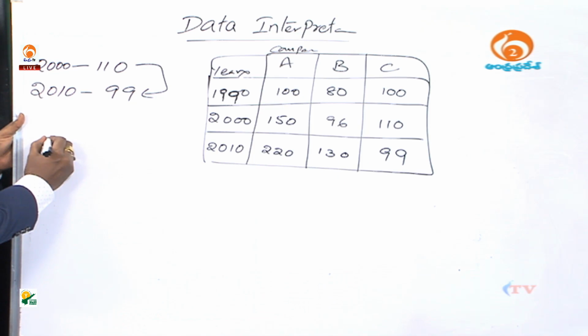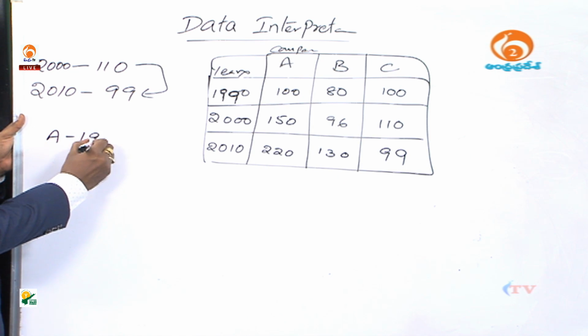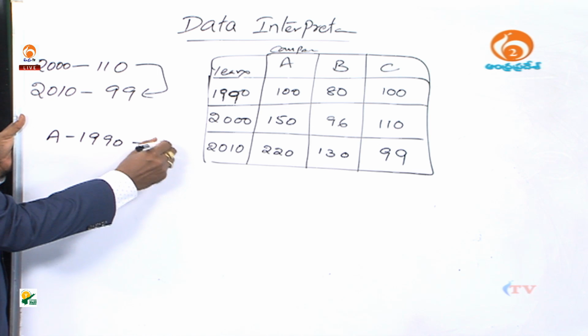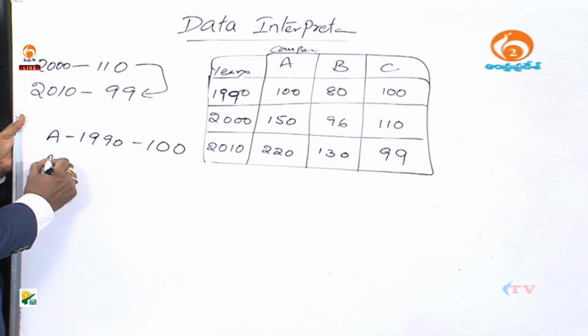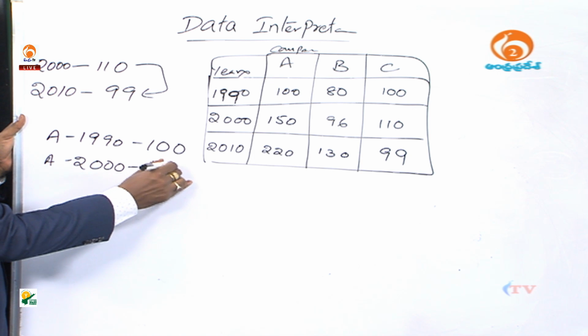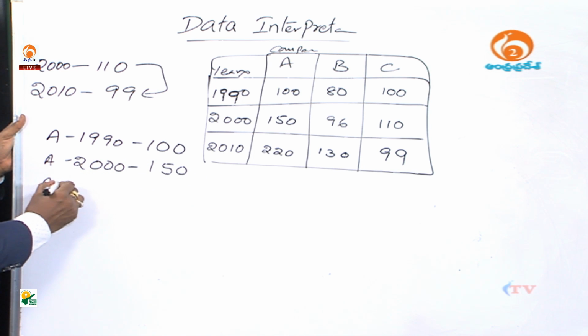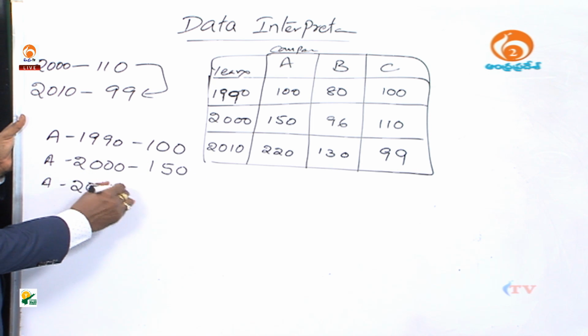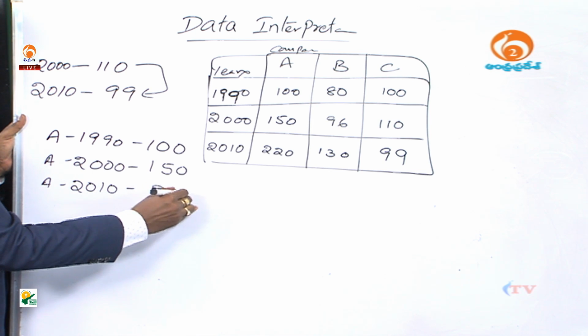A's production in 1990 is 100, in 2000 it is 150, and in 2010 it is 220. Then what is the average?